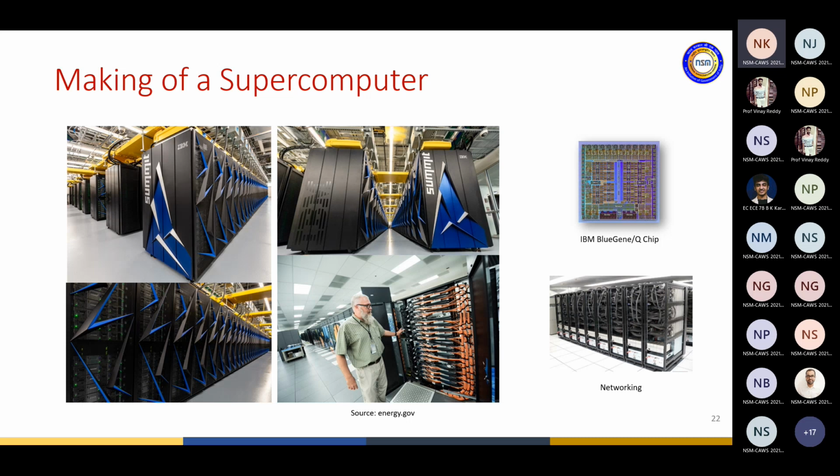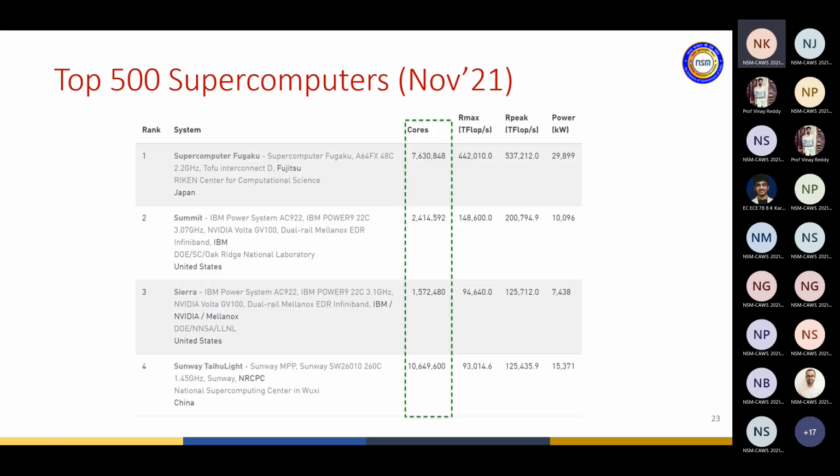Okay. All right. So now that we have looked a little bit into supercomputers, one interesting thing that you should know is there's a list of the most powerful systems in the world, which is maintained on a website called top500.org, and it's updated every 6 months.